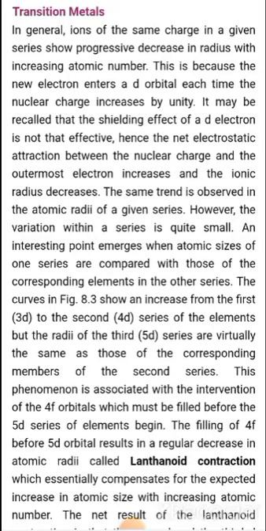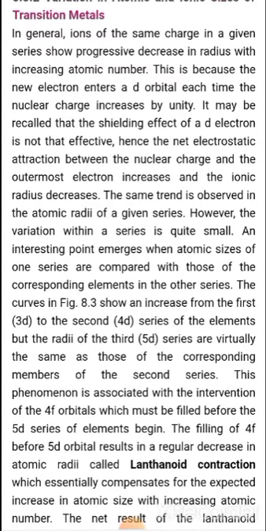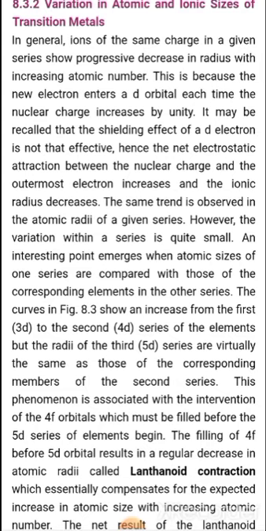decreases. And the same trend is observed in the case of atomic radii of a given series, meaning we are comparing the transition elements in the same series. We compare the ionic size and we compare the atomic size, both follow the same trend: the atomic as well as the ionic size of a transition metal decreases, because as an electron enters a d orbital each time, the nuclear charge also increases by unity.